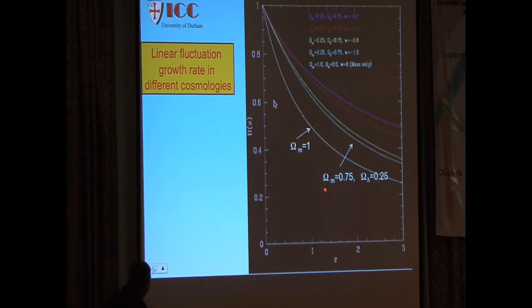This is still not completely lambda dominated. I think these labels are the other way around. Sorry, this should be lambda, this should be matter. It's not completely lambda dominated, so there's still some growth. Once the universe goes lambda dominated, then the growth essentially stops. And these are other cases that I might come back to in a couple of lectures, of universes with different forms of dark energy.